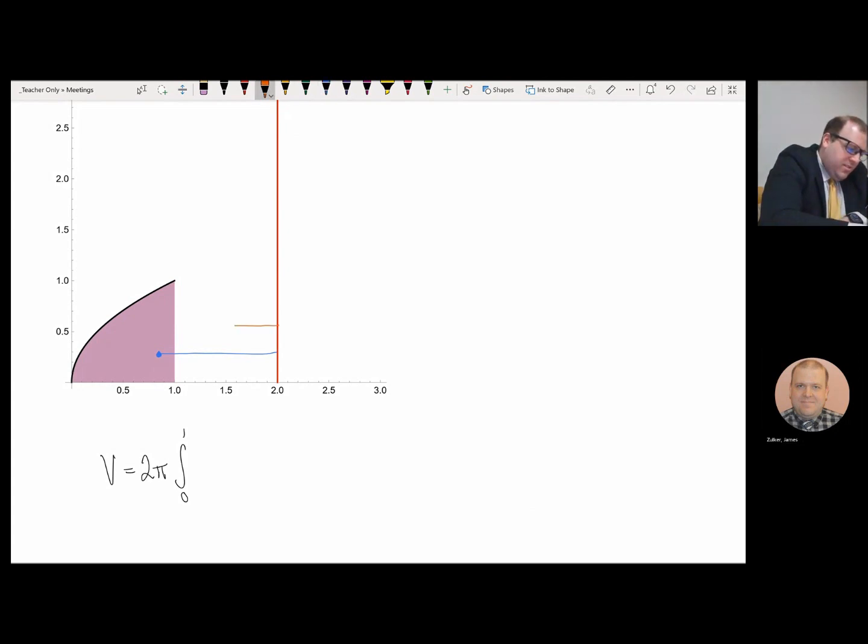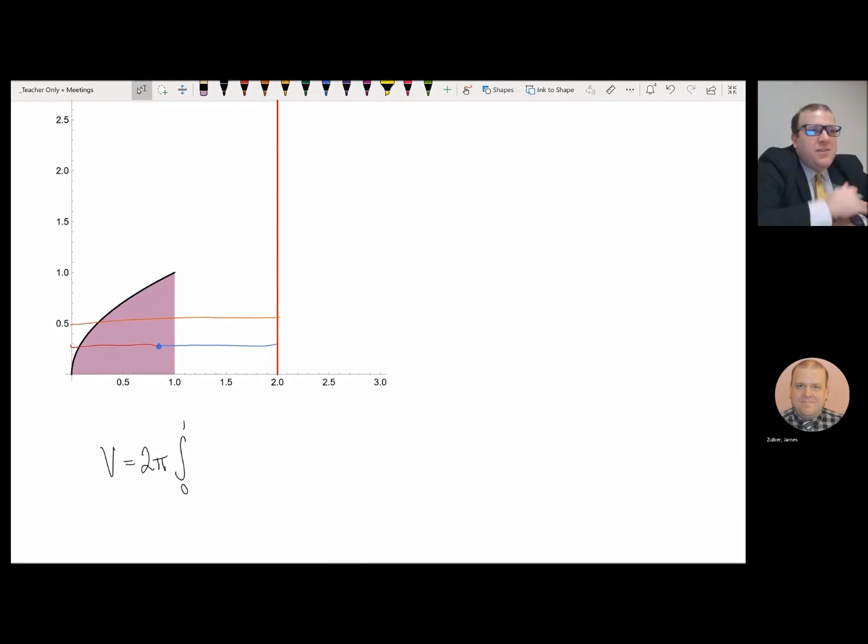So that's going to be the orange minus the red. If you take the orange minus the red, you're going to be left with the blue. So that's why it's 2 minus x. Again, do this enough and you're going to be able to visualize it. The axis of revolution is lying to the right of my region, therefore it's going to be 2 minus x.